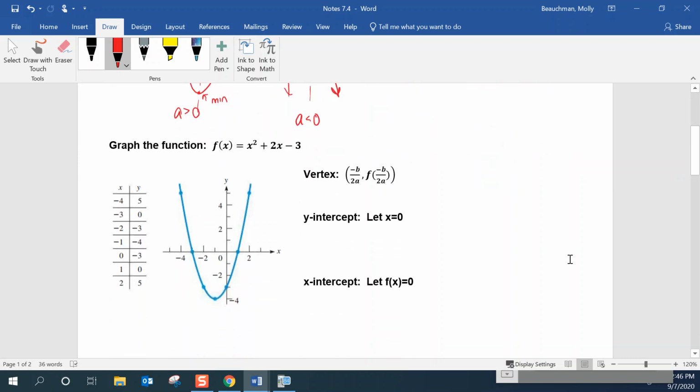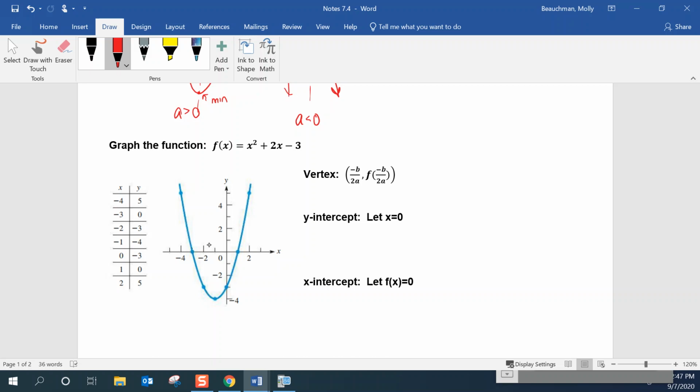We're going to graph the function f of x equals x squared plus 2x minus 3. I've plotted some points, x equals -4 to 2, substituting the x value in to get the y value, but this is a lot of work. We want to be able to graph this a little bit quicker.